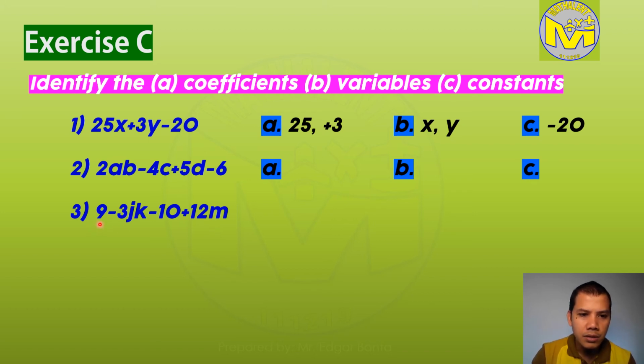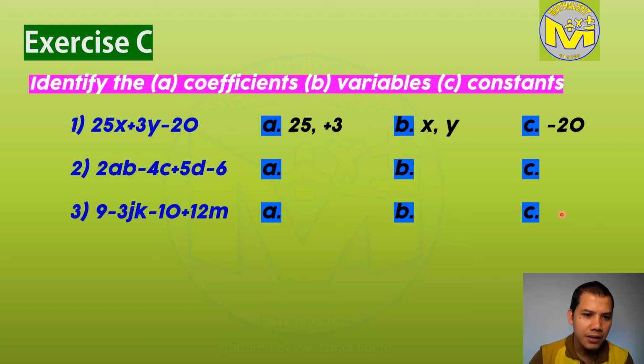We have 1, 2, 3, and 4. We have 4 terms in this expression. So, identify each one. What is 9? 9 is a constant. So, write in letter C.